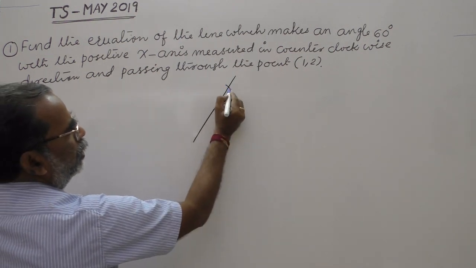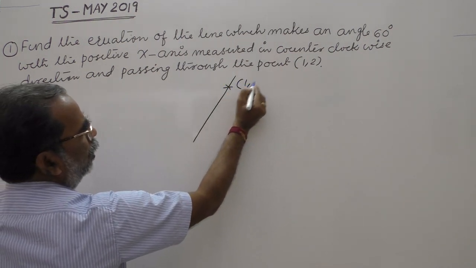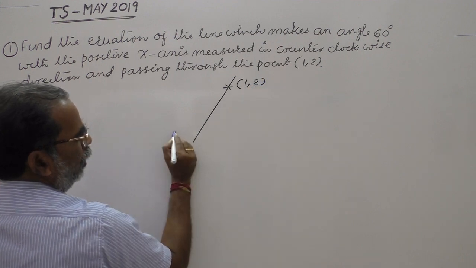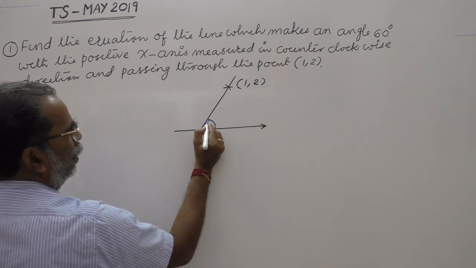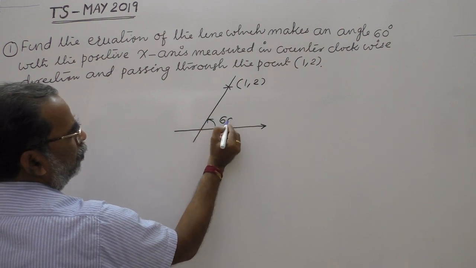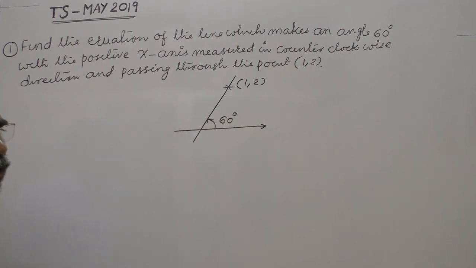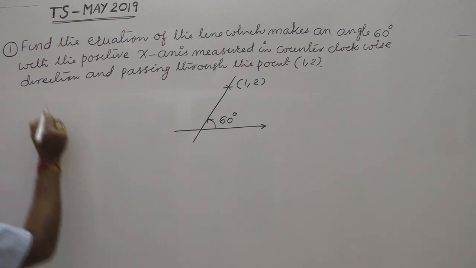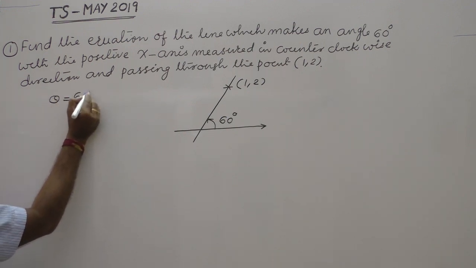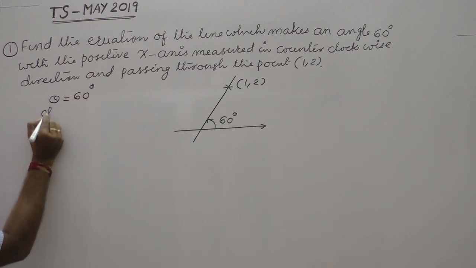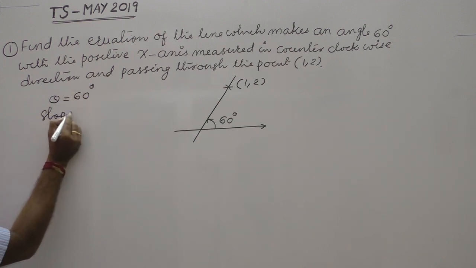Given that the line is passing through the point 1 comma 2 and its angle of inclination is 60 degrees. To find the equation of this line, here the inclination of the line is given as 60 degrees. Therefore we can find the slope of the line.